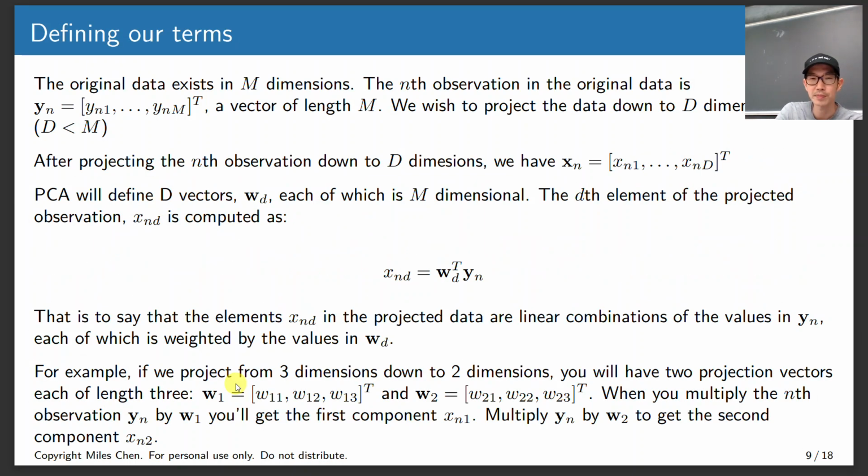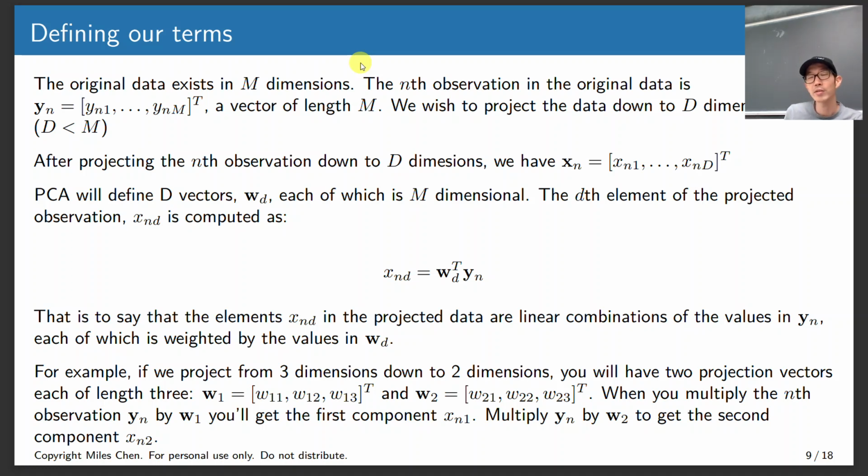Okay, so here we'll start to see a little bit of math. The original data exists in m dimensions, so every observation you have is a vector of length m. We want to find a lower dimensional projection with d dimensions, where d is a number less than m.